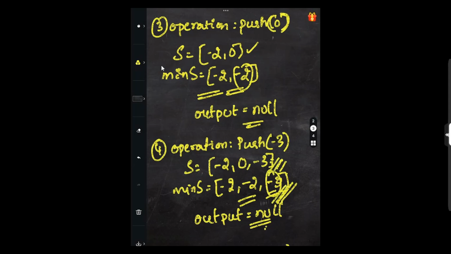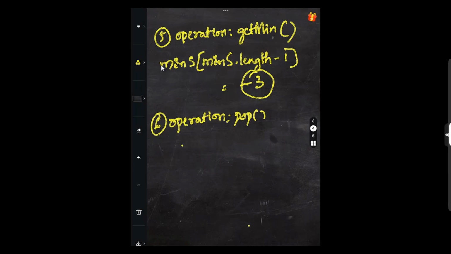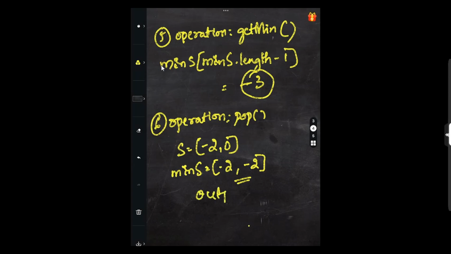Both minus 3 will be removed here. So the main stack will be minus 2, 0 and the minimum stack will be minus 2, minus 2. I hope this is clear. We know that for push and pop the return value is void, so the output will be null itself, right?